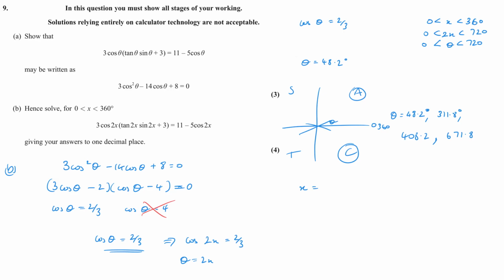Now I like to store these values into my calculator so that I can work out my x at the end. So x is going to be half of each of these values. So it's 24.1, 155.9, 204.1, and 335.9.